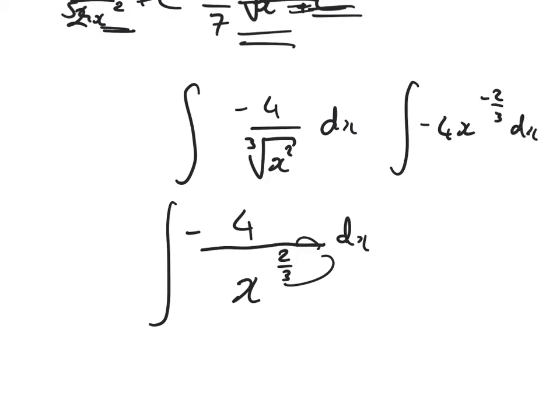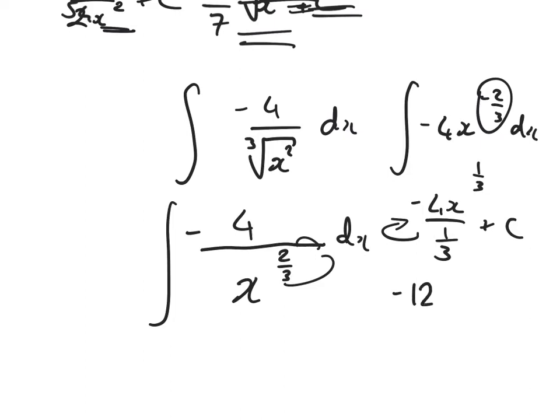And then add 1 into the power, divide by my new power, so minus 4x to the minus 2/3 plus 3/3 is 1/3, divided by 1/3 plus c. Now I'm going to bring the fraction up, flip it over, so 1 over 3 flipped over will be 3 over 1, times minus 4, which is minus 12, x to the 1/3 plus c. Reintroduce the root symbol, minus 12 lots of the cube root of x plus c.